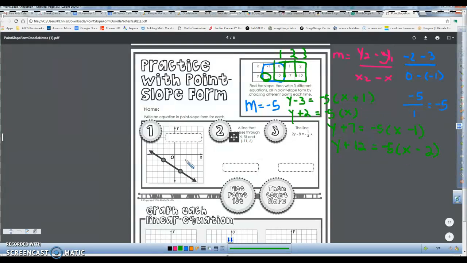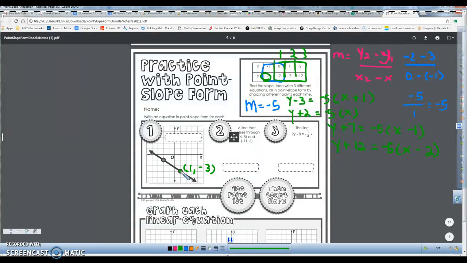Okay, let's go ahead and write an equation for this. So I'm going to look at my points here, and I'll pick one or the other. It really doesn't matter. Let's pick this one. And the coordinate of this point is 1, negative 3. Okay?